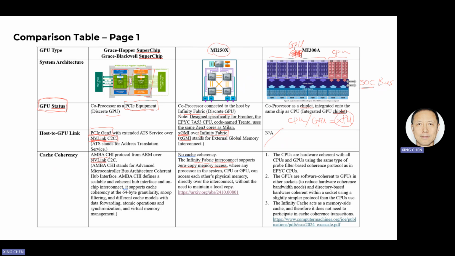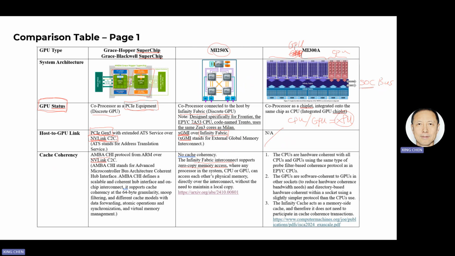But this one is a single socket system. Most importantly, the CPU to connect to the MI250X GPU is the 7A53, and this one uses the same core as Milan, but its code name is Trento.